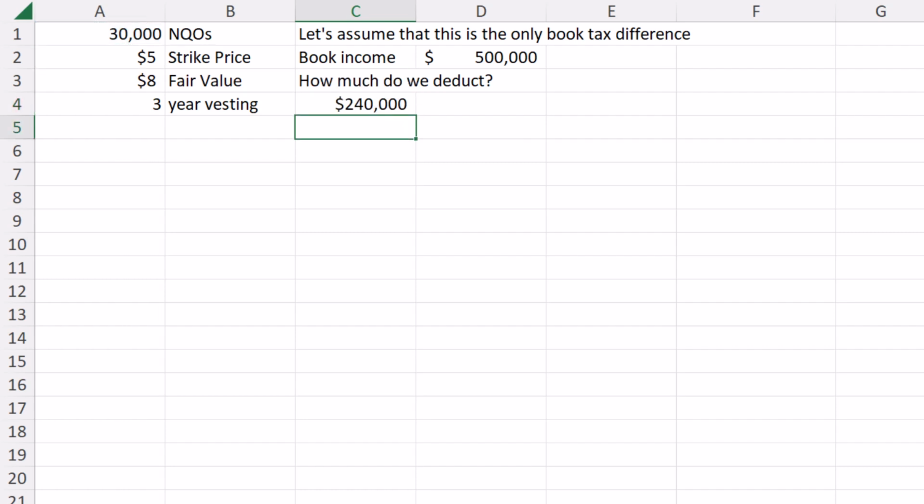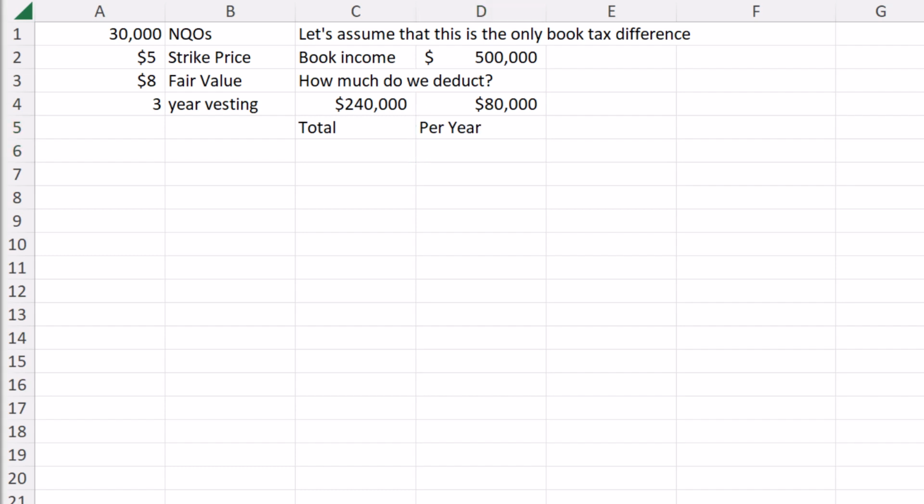Again, the fair market value is based on a Black-Scholes model, and it's the best guess of what the employee will make per share when they exercise. So that is $240,000. That is total. But we want to split this out over 3 years. So I'm going to divide it by the 3-year vesting, and that gives us $80,000 per year.